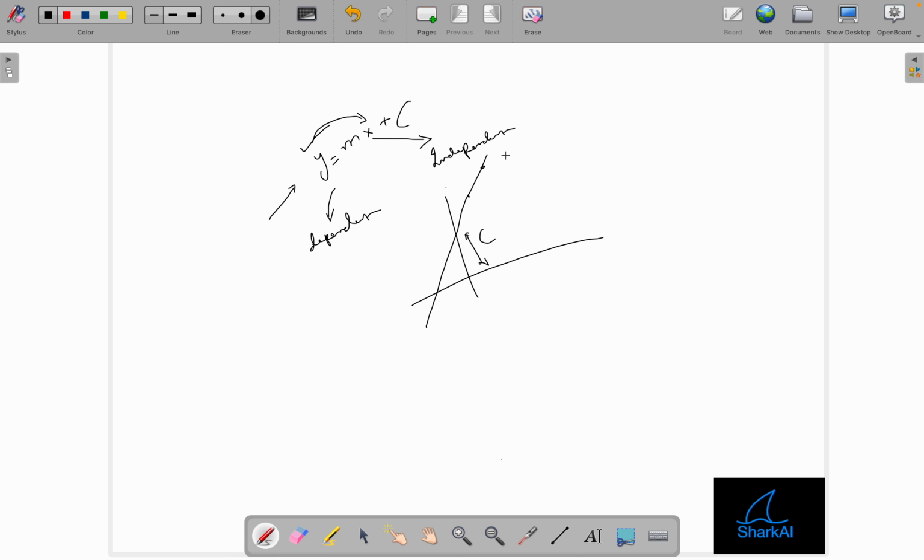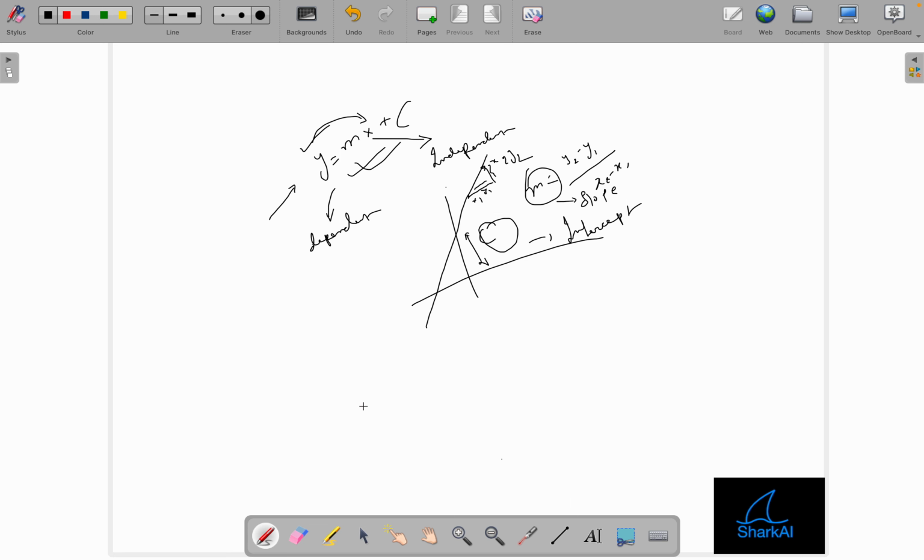If you have 2 points, (x1, y1) and (x2, y2), then the m value will be the change in y, that is (y2 - y1) divided by (x2 - x1). So this is called m. This is your intercept and this is your slope. This is the simplest equation for linear regression.